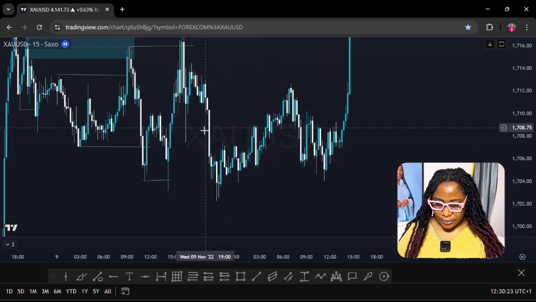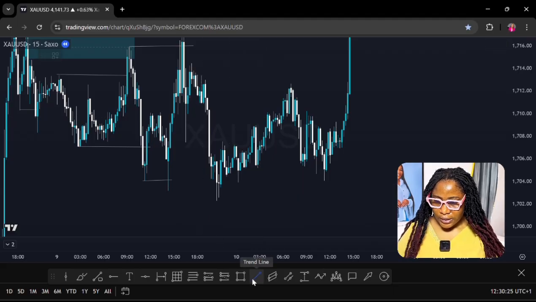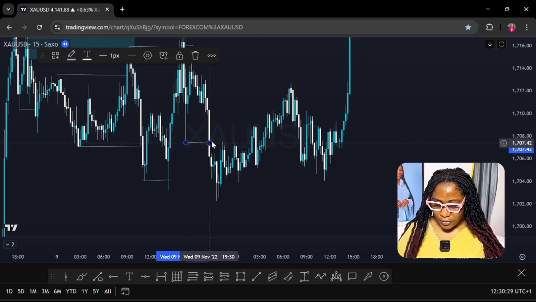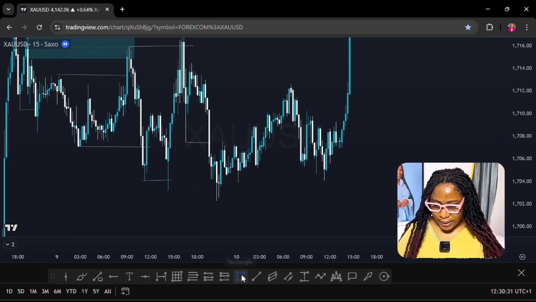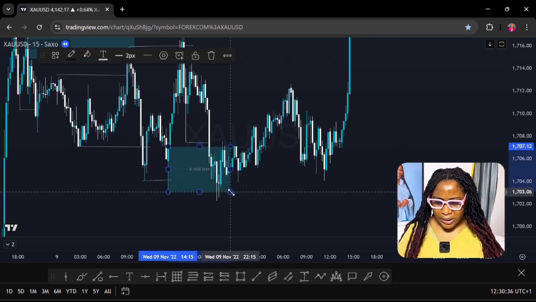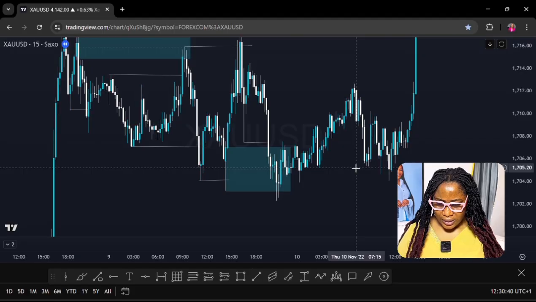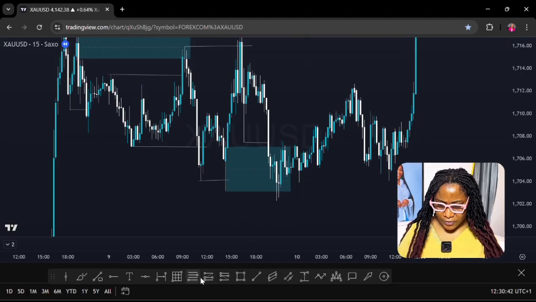So coming down this area, since we changed the character, this is liquidity for this lovely POI. But the POI is so big. Unless you want to use the 50%.